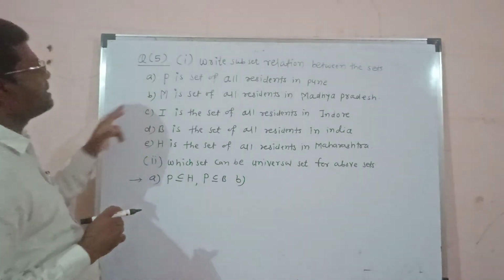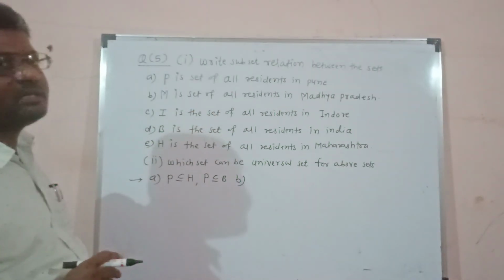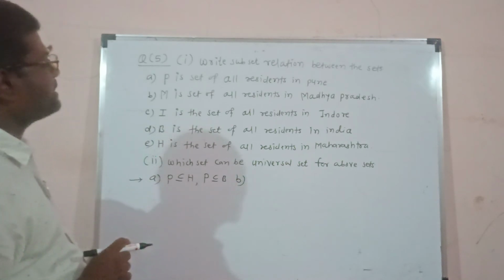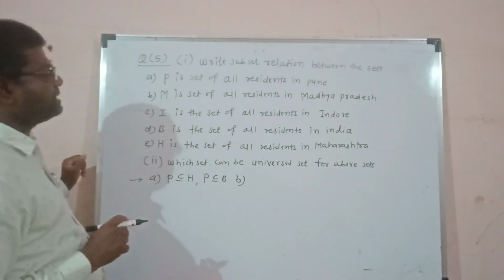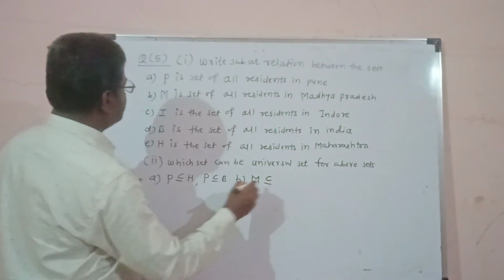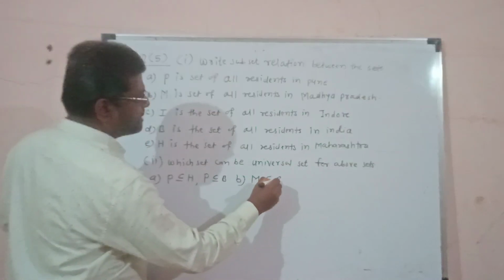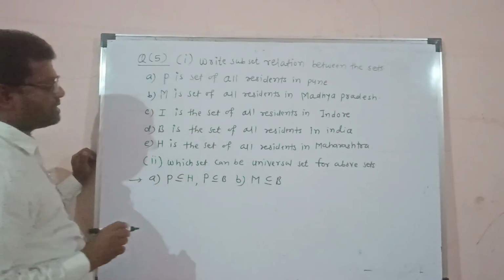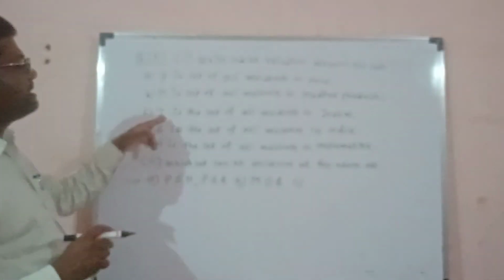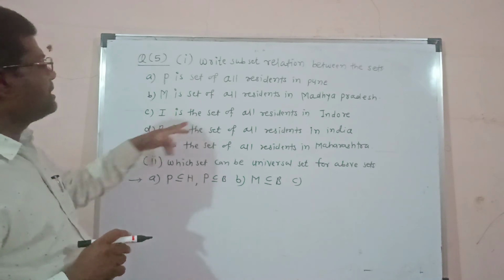Next, M is the set of all residents in Madhya Pradesh. Residents of Madhya Pradesh are also residents of India. Therefore, M is a subset of B, the set of residents of India. Then I is the set of all residents in Indore.